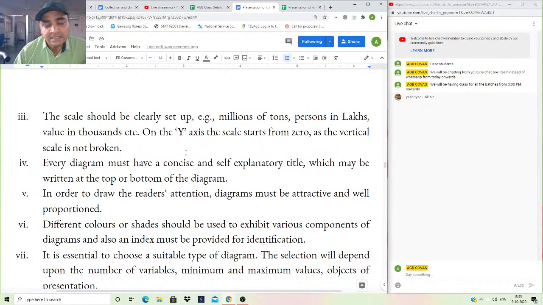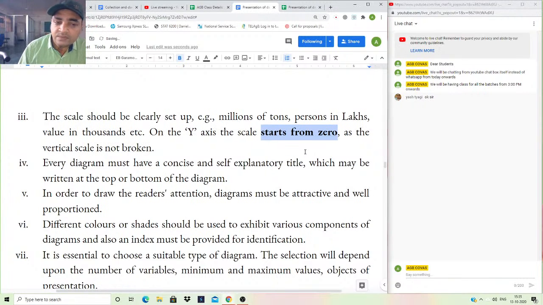On the y-axis, it should always start from 0. You can start the x-axis from anywhere as per your data convenience, but to have a relative reference or comparison, the y-axis should always start from 0. That is, the vertical scale is never broken.